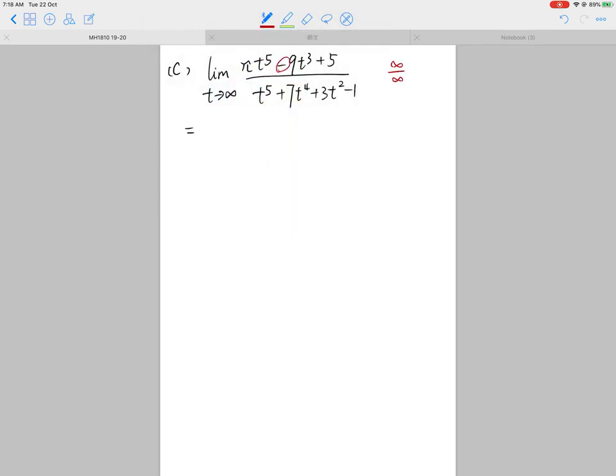Here we have a minus, but t to the power of 5 is of course much greater than t to the power of 3. So the top, when you sub in, will be infinity. So what can you do? You can differentiate.